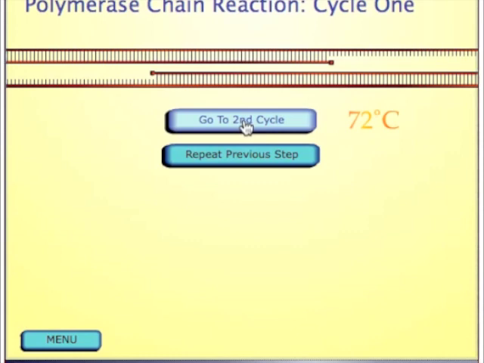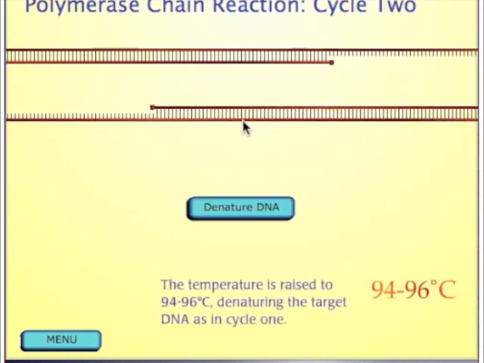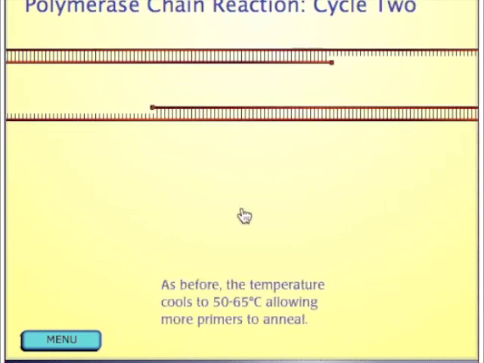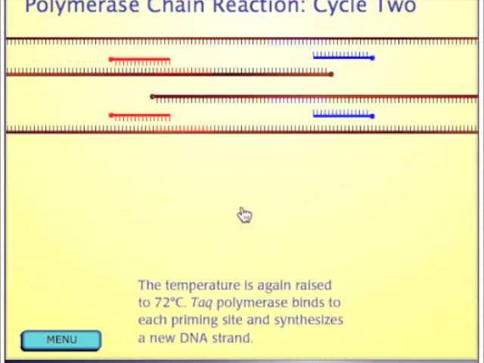So after the first cycle, we have two partially double-stranded pieces of DNA. What we are trying to obtain is two completely double-stranded pieces of DNA of our region of interest, that is, the STR region. This sequence of temperature changes is repeated over and over again. So let's go to the second cycle. High temperature denatures the DNA, the temperature is lowered, the primers anneal.